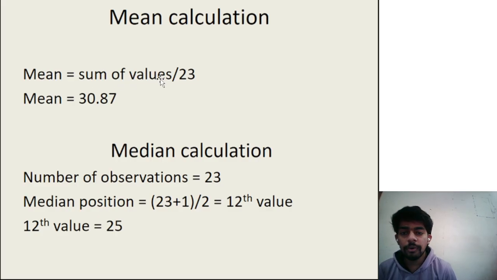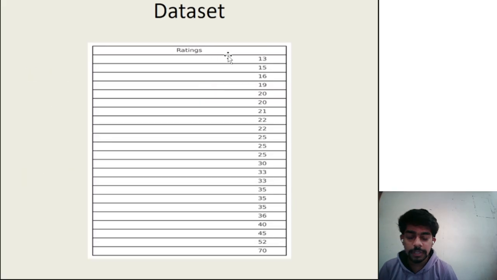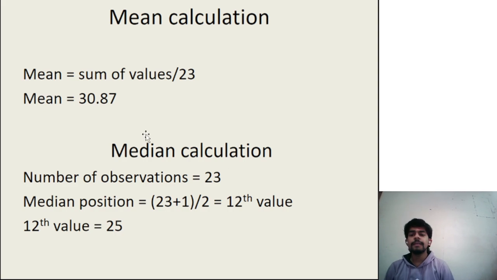Sum of values upon 23, which is the number of observations that you can see here. And when you add them, their sum upon 23 will be termed as the mean, which is 30.87.